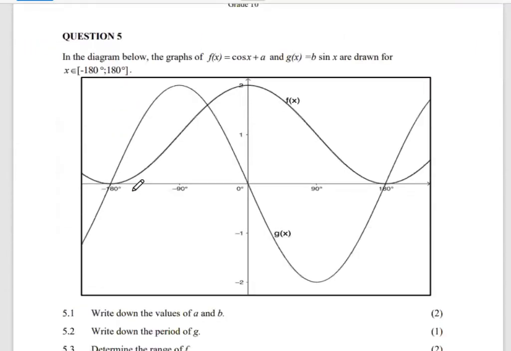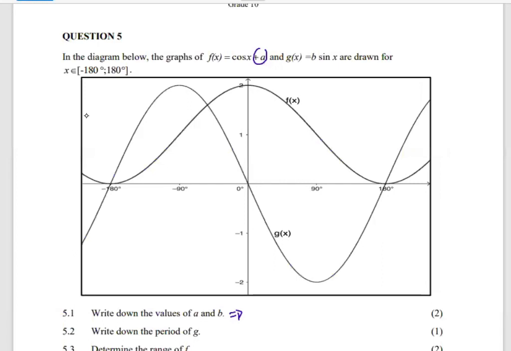Okay, question number 5, which is the trig function. They're telling us that in the diagram below, the graphs f of x, we have cos x plus a, g of x is that. Write down the values of a and b. So what does a represent? A is a shift, okay? With the f graph, this is the cosine graph.